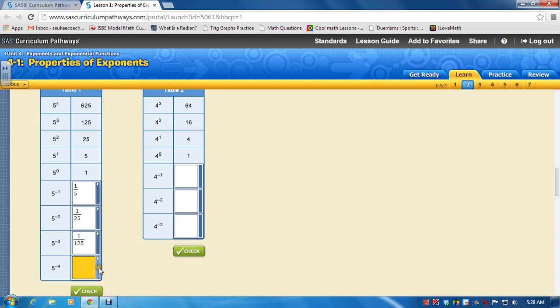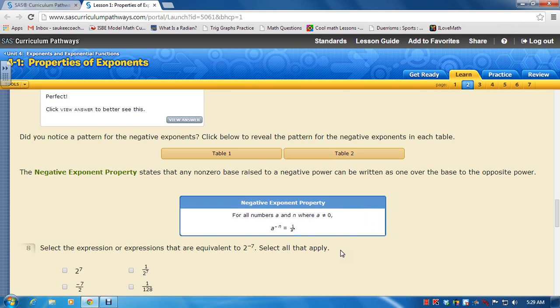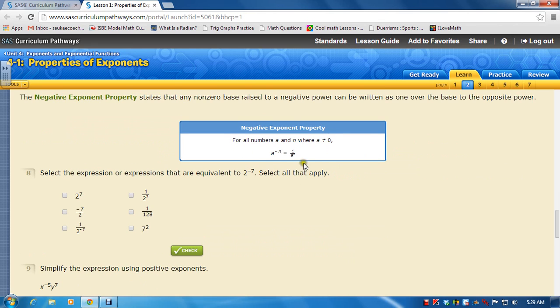And if I divide that by 5, I would have 1/625. Okay? Check those. So that just solidifies that if I am looking to turn these positive, I can change their location from numerator to denominator and make them positive. So that's where this negative exponent property comes in. Okay?